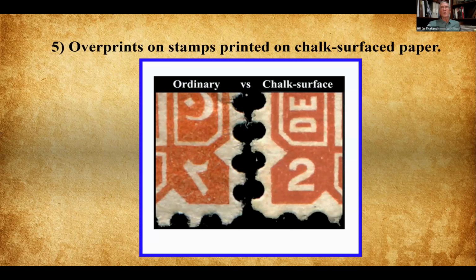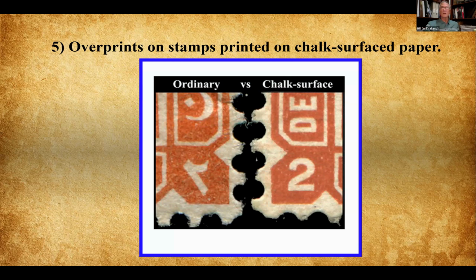Fifth clue is overprints printed on stamps of chalk-surfaced paper. Sudan's provisional stamps used Egyptian stamps printed before 1897 and were therefore printed on ordinary paper.